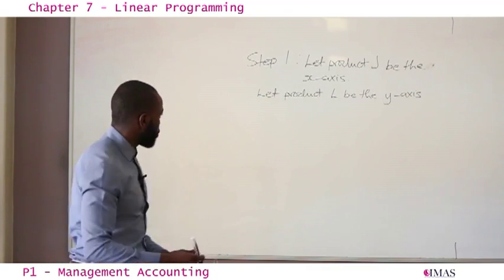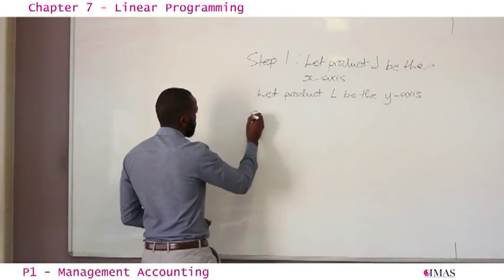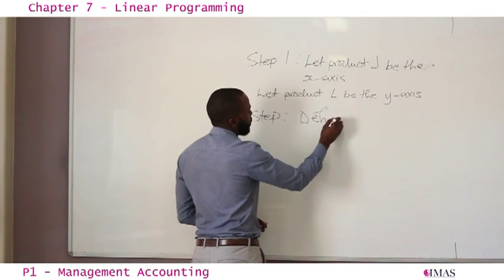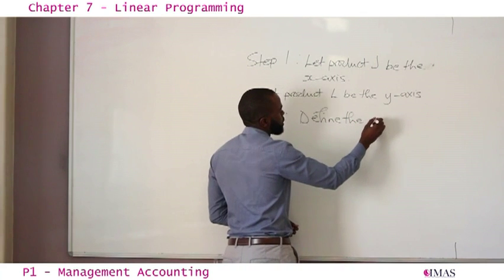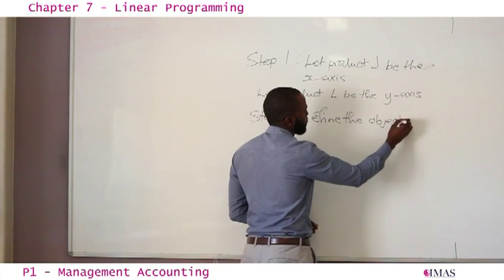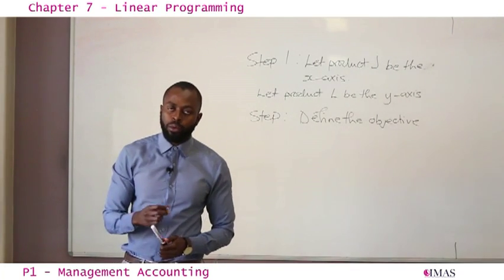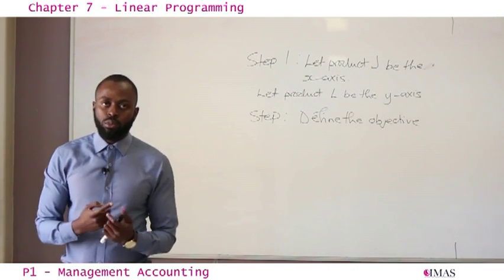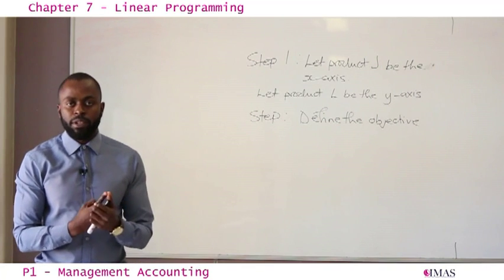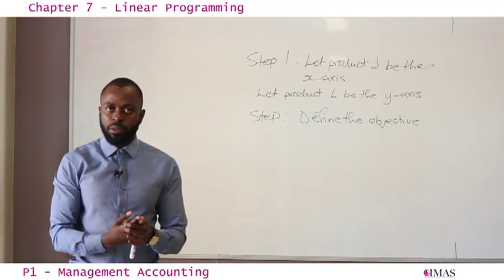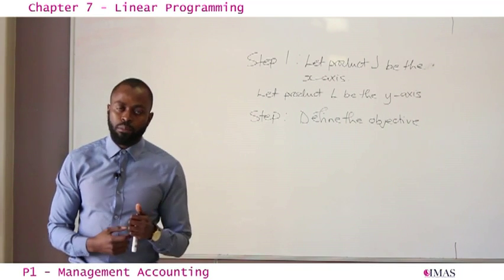Then our step 2: define the objective, or state the objective. For our objective, when we look at linear programming, we have 2 objectives. Either we want to maximize profits, which is the same as maximizing contribution, because remember fixed costs are constant. So if you maximize contribution, you have also maximized profit.